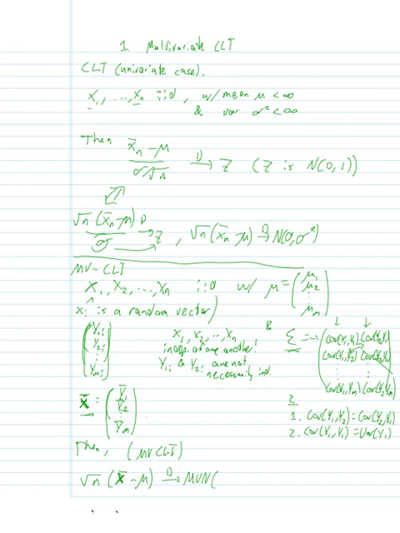Then we have, and this is the multivariate CLT, finally, square root of n times (x bar minus mu, the mean vector) converges in distribution to a multivariate normal distribution with mean vector 0 and covariance sigma.